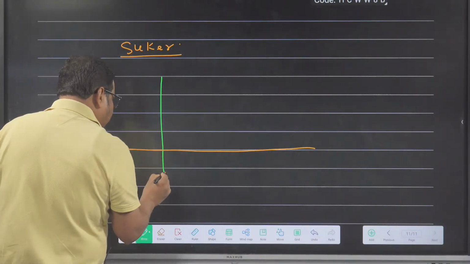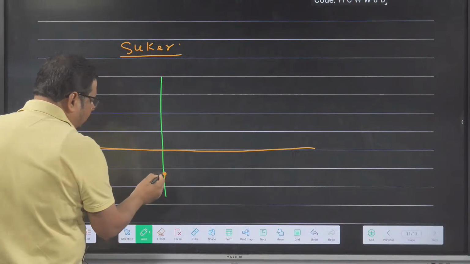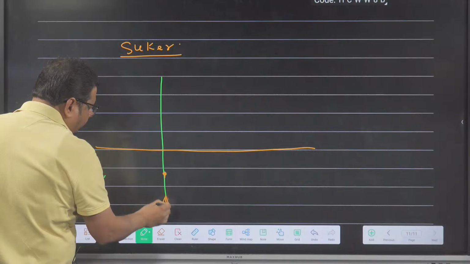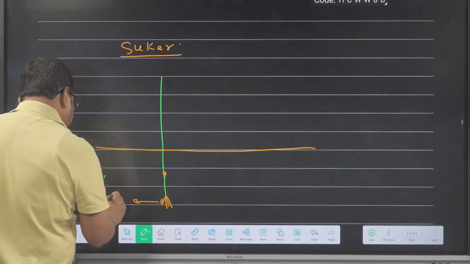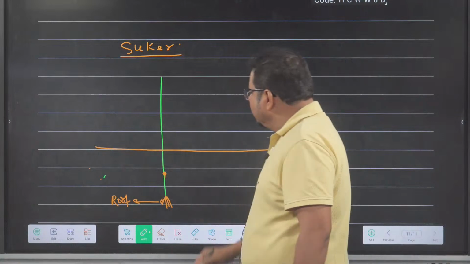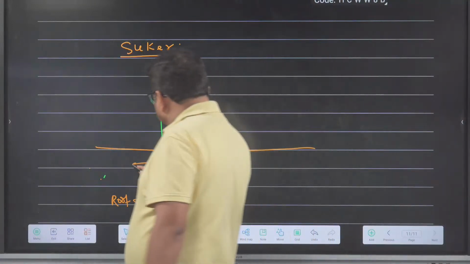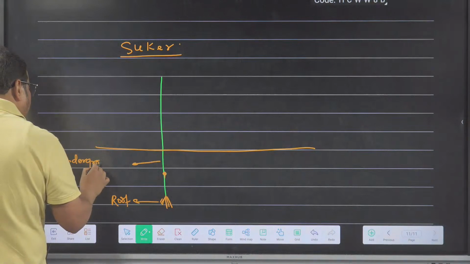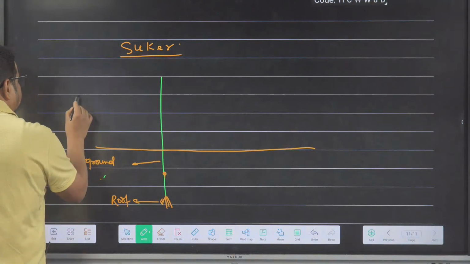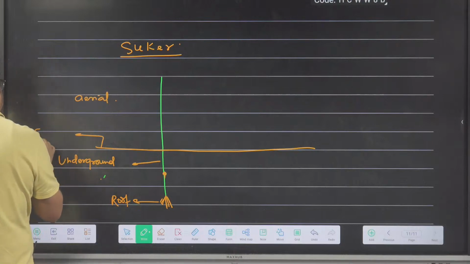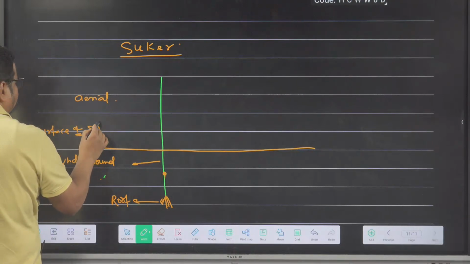And suppose in the tip here, root is present. This is the underground part of the stem, and this is the aerial part of the stem, and this is the surface of the soil. Are you getting the idea?